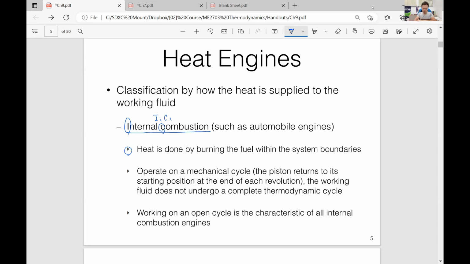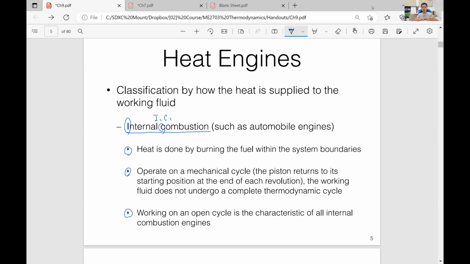An IC engine operates on a mechanical cycle. The working fluid does not undergo a complete thermodynamic cycle. That is the very unique characteristic of an internal combustion engine. Working on an open cycle is the characteristic of all internal combustion engines, so that means the working fluid is renewed every thermodynamic cycle. That makes sense, right?